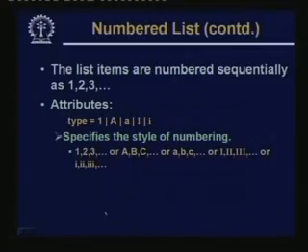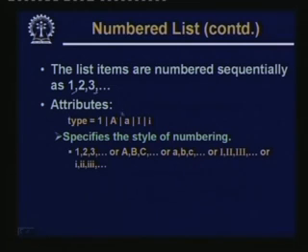And as I had mentioned, the list items will be numbered sequentially as 1, 2, 3. In an unnumbered list, we are able to specify the style of the bullet using the type attribute. Here also we can specify the style of the numbering by a similar attribute, type.